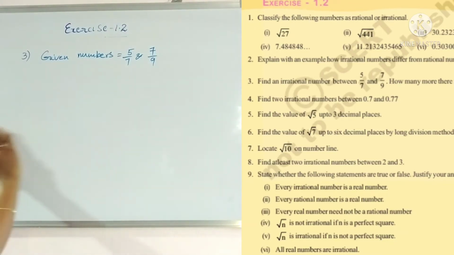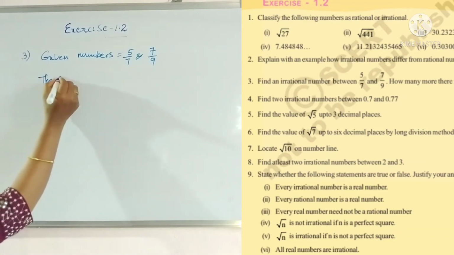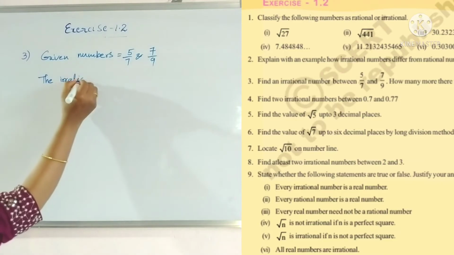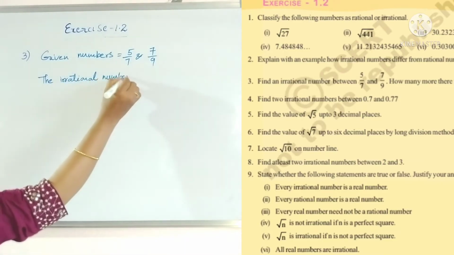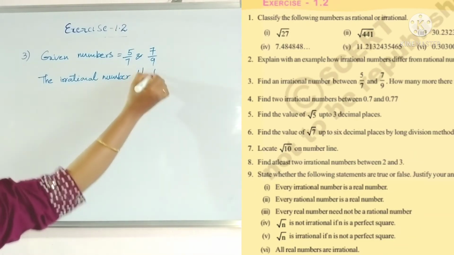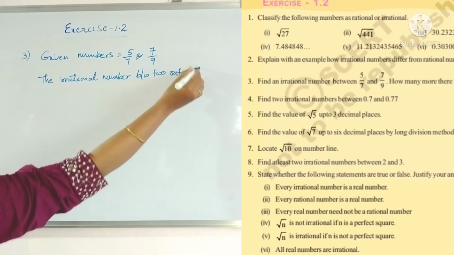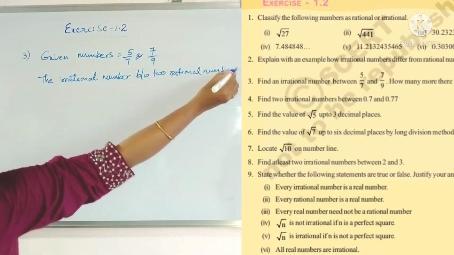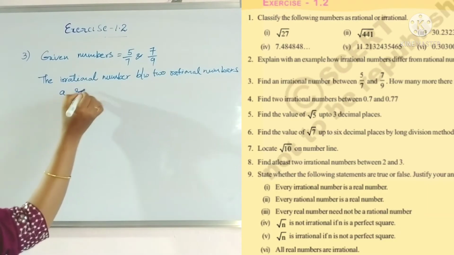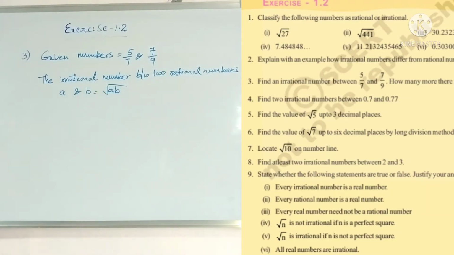So here one formula is there. The irrational number between two rational numbers A and B is equal to the square root of A into B. Okay.